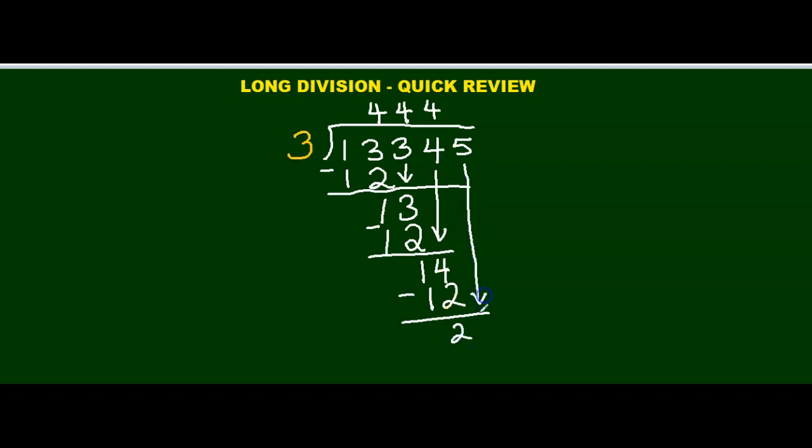Bring down your 5. 8 times 3 gives you 24, with a remainder of 1. And you can put it as R1.